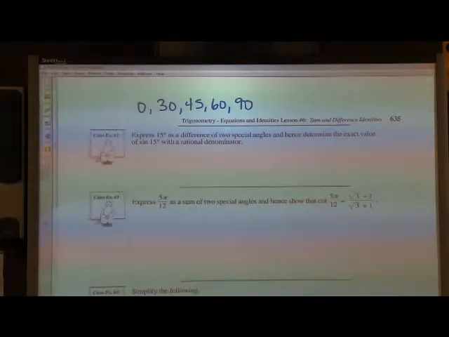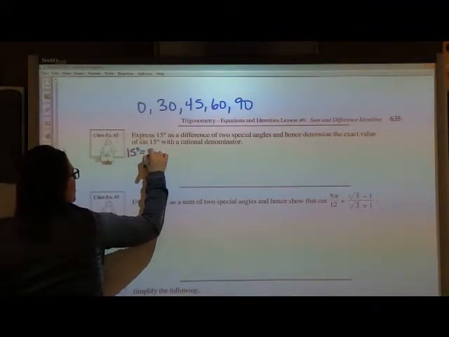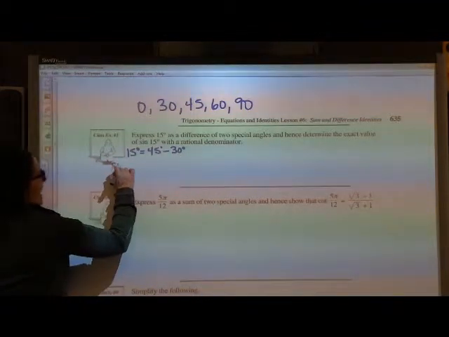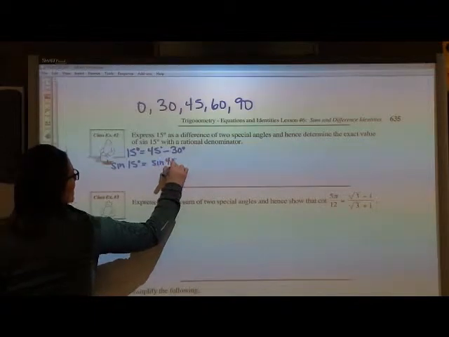So what combination of those numbers would give me 15 degrees? 45 minus 30. So 15 degrees can equal 45 degrees minus 30 degrees. So then sine 15 degrees can be written as sine 45 minus 30.